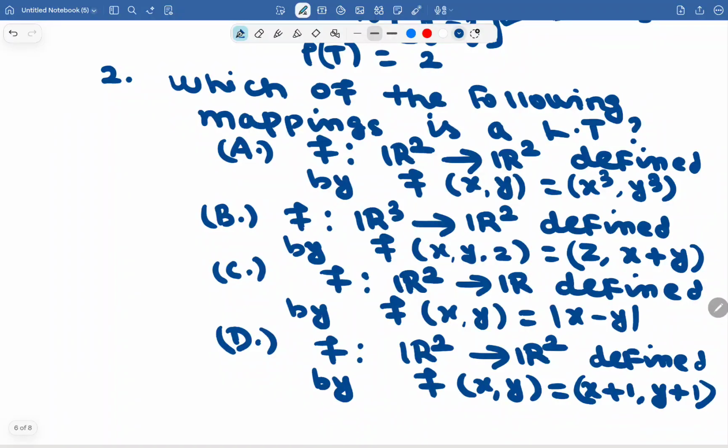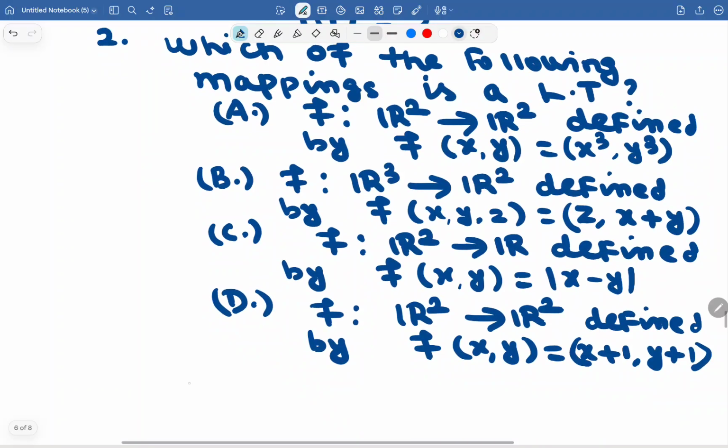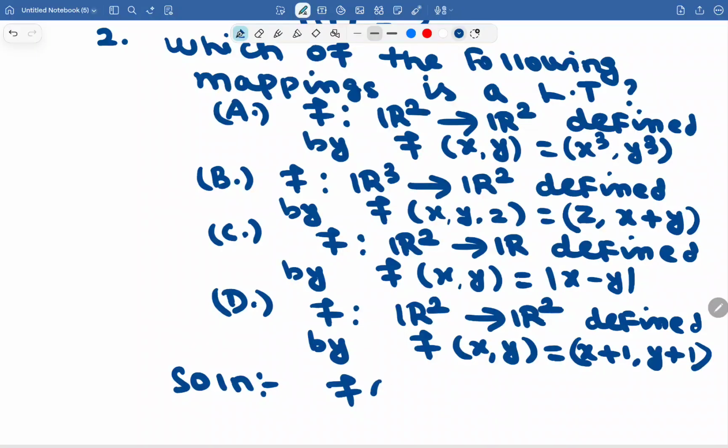Here 4 options are given. We have to check which of the options among the 4 is a linear transformation. Solution. In the first option, f maps R square to R square defined by f of x comma y equals x cube comma y cube.